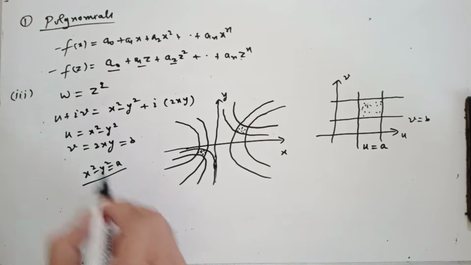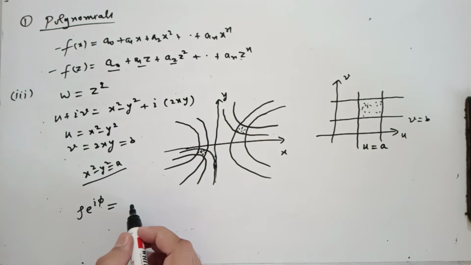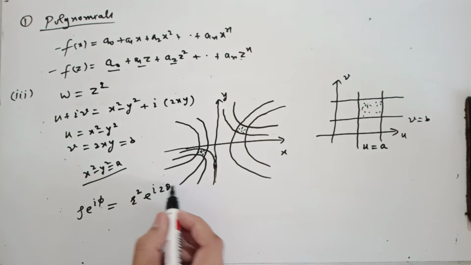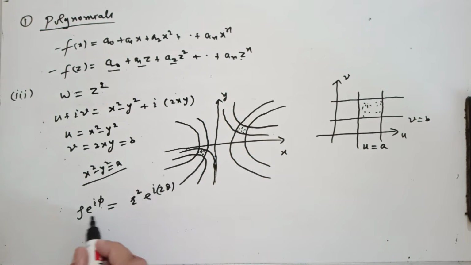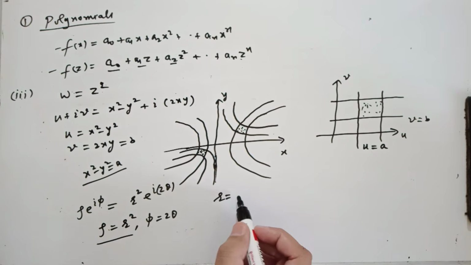Let's see this mapping in polar form. W is rho e power iota phi. Let us choose this polar form of W. And Z is r e power iota theta, so it becomes r square e power iota 2 theta. So rho is r square and phi is 2 theta. Let's interpret these things geometrically. r equal to constant.